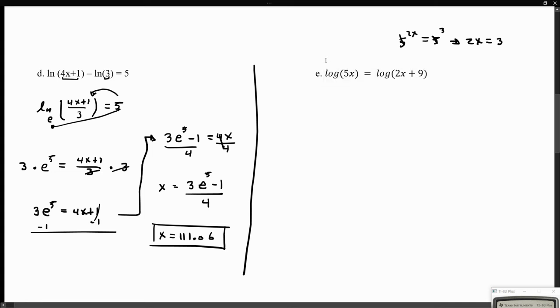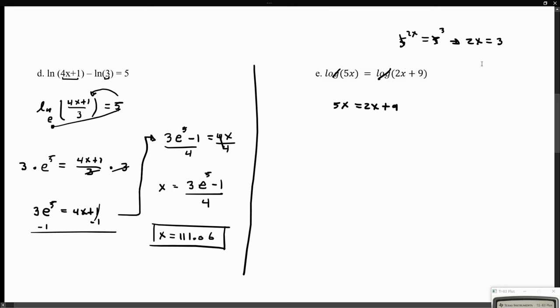So if you have a log equal to another log, and they have the same base, which notice they have a base of 10, I can still cancel them out. And now I have 5x equals 2x plus 9. Again, if you have a log equal to another log with the same base, you can cancel out the logs and make the inside of each log equal to each other.